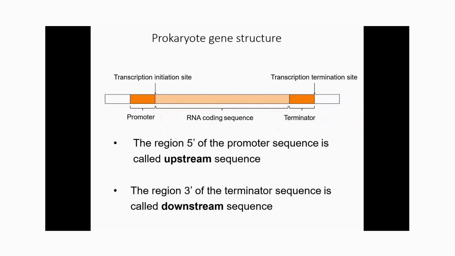Polymerization of the RNA takes place on one strand of the DNA molecule, which we are going to see in the next slide. Ribonucleotides are added. Okay, complementary ribonucleotides are added during the synthesis of the RNA molecule.